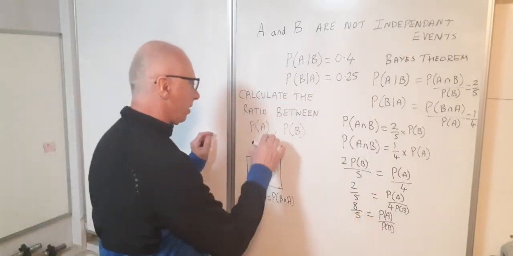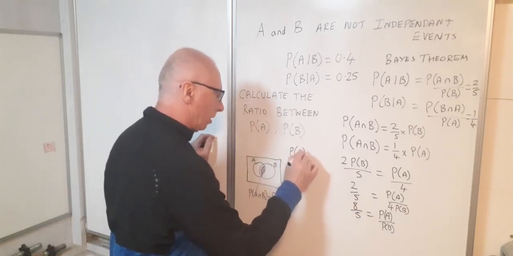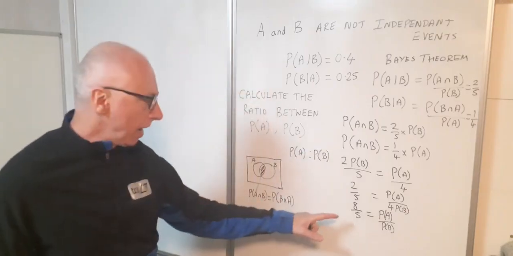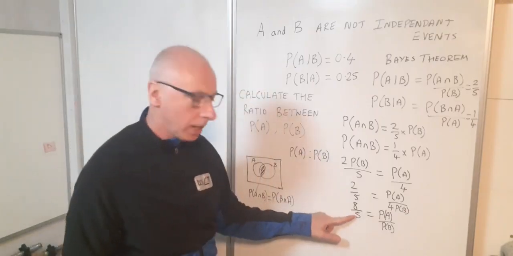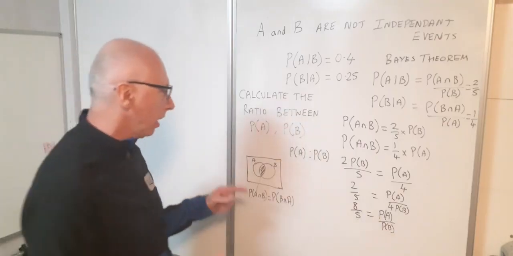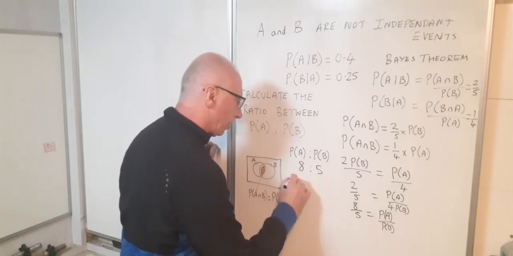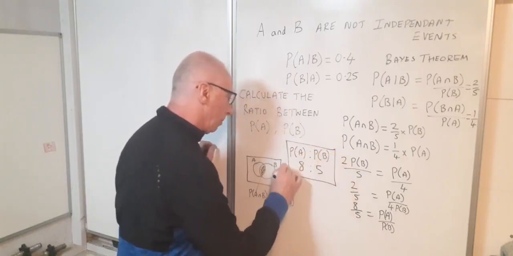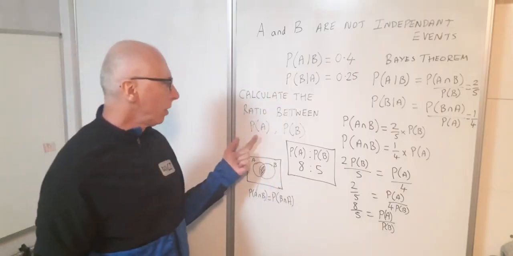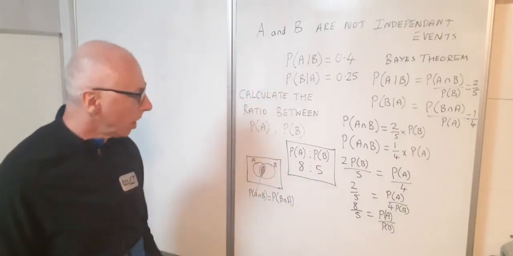So if I write this as a ratio, I could write that in terms of this ratio here as 8/5, corresponding to numerator and denominator. And that would get me to the answer of the question, what's the ratio between the probability of A and the probability of B? They're in the ratio of 8 to 5. Okay.